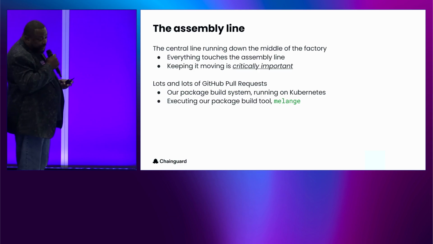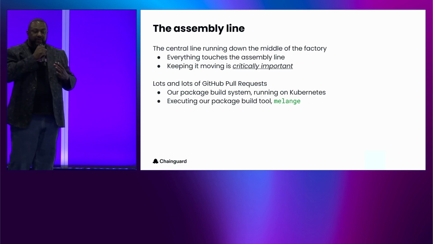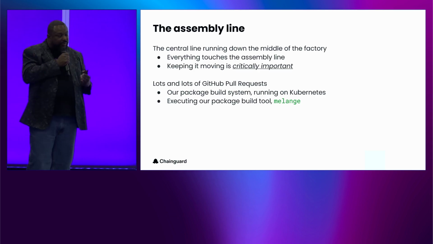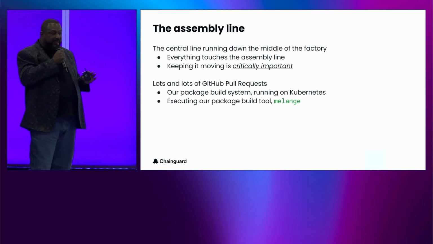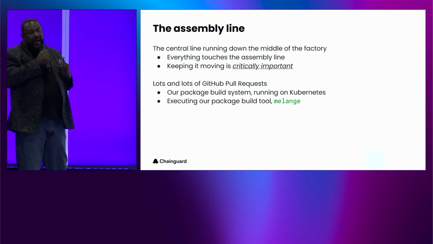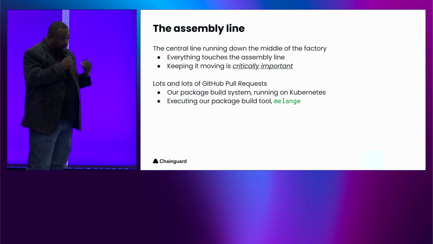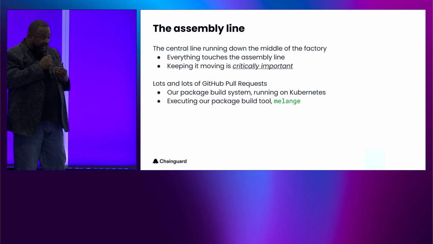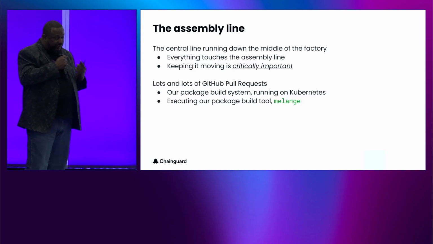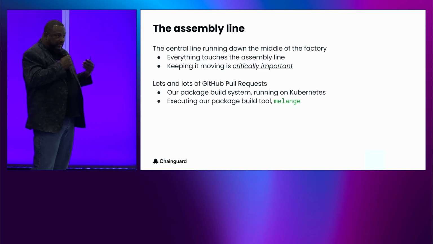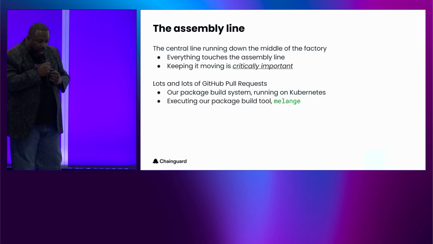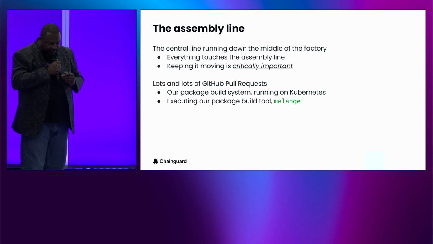The assembly line. So essentially, the Chainguard factory assembly line runs right through the middle of the factory. Everything touches the assembly line, and we have to keep it moving. We're building a lot of stuff daily. So all 1,818 of those projects are rebuilt on a daily basis. That's to cover for zero-day CVEs and also to maintain updates in line with projects in an automated fashion.